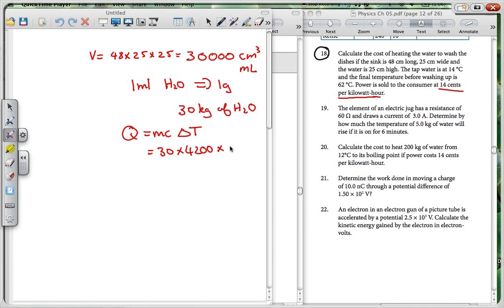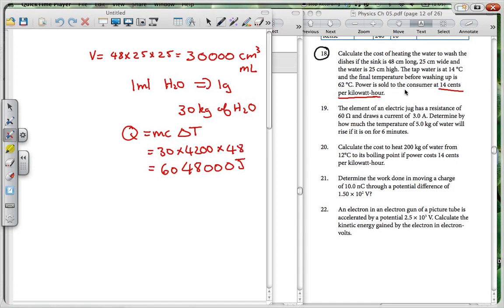So we're looking at a 48 degrees Celsius rise. So I can work out the number of joules that would be required. So that's going to be 30 times 4200 times 48, and I get 6048000 joules of energy. Okay, so that's how much energy I'm going to require.